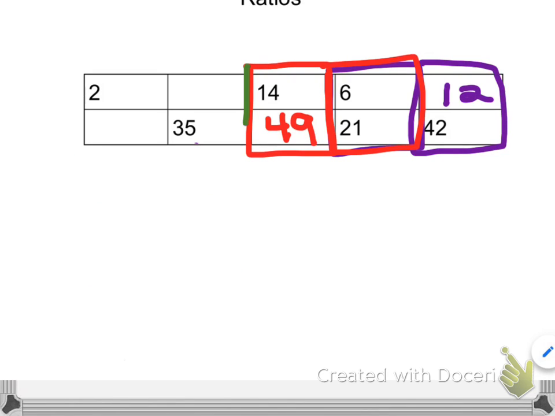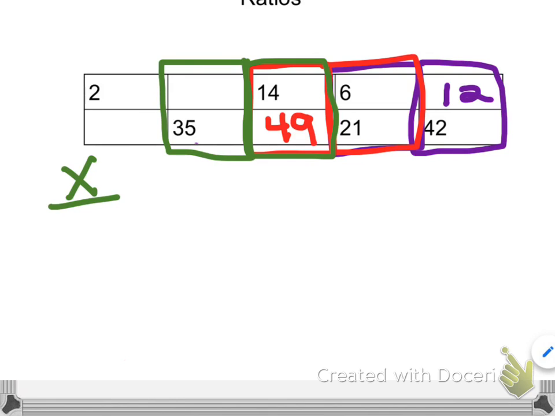Now that I have this one filled in right here, I can use that one to move over and fill in this one. So in this case, I have an x to 35 is equal to 14 over 49. So I'm going to cross multiply.